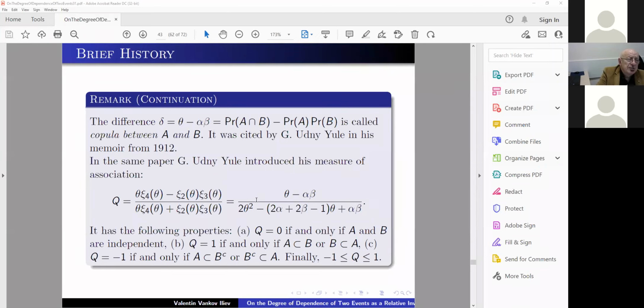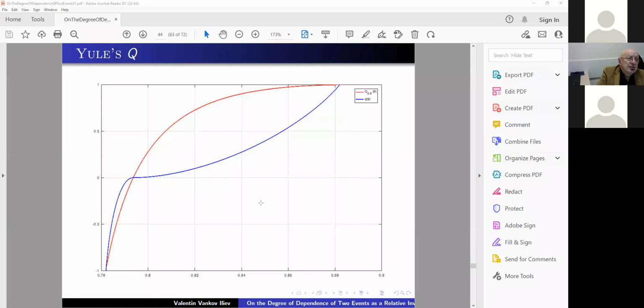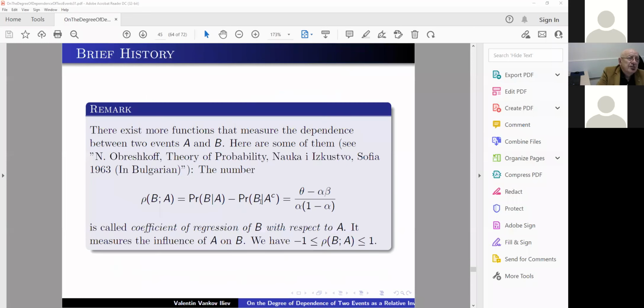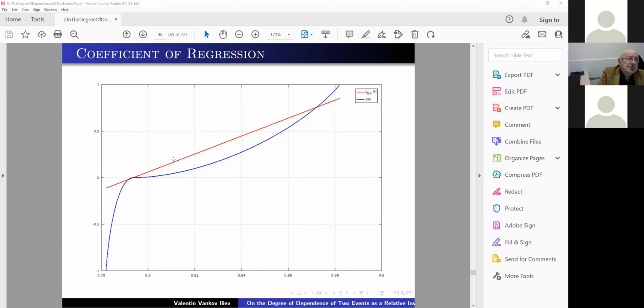We can construct infinitely many such functions. Here are the graphs. This is the Obreshkov coefficient of regression of B with respect to A. This is not a symmetric function. It also has those properties: between minus 1 and 1, and it is 0 when A and B are independent. Here is a comparison of my degree of dependence with the Obreshkov degree.